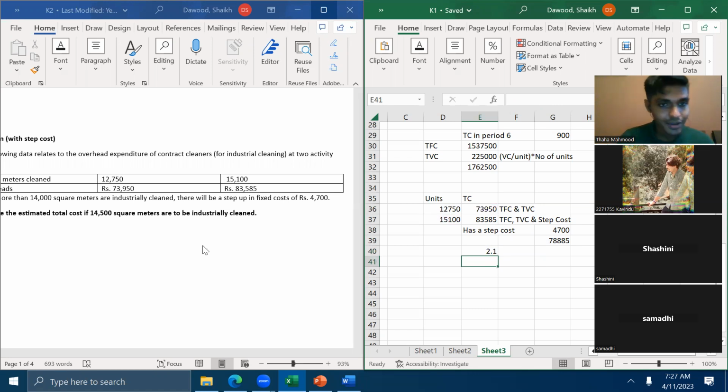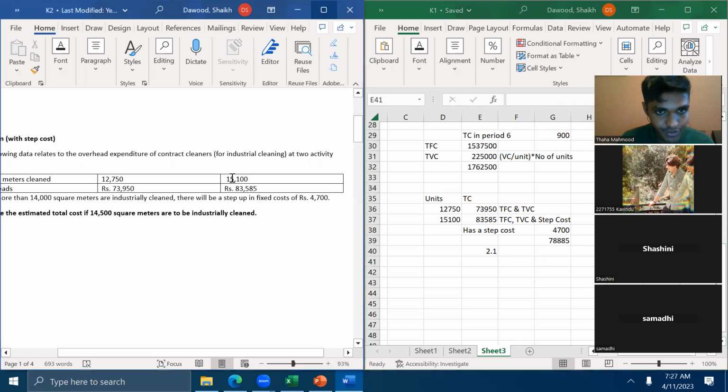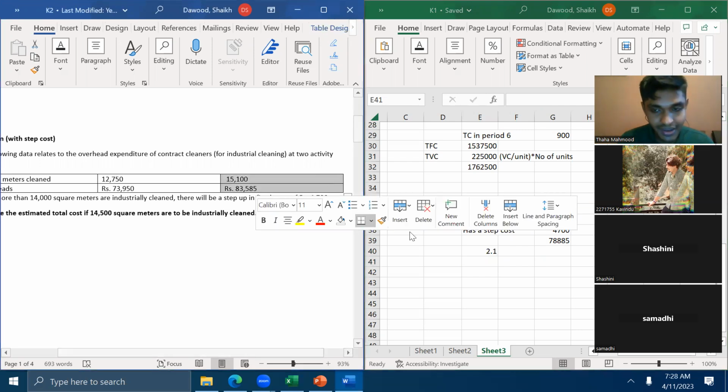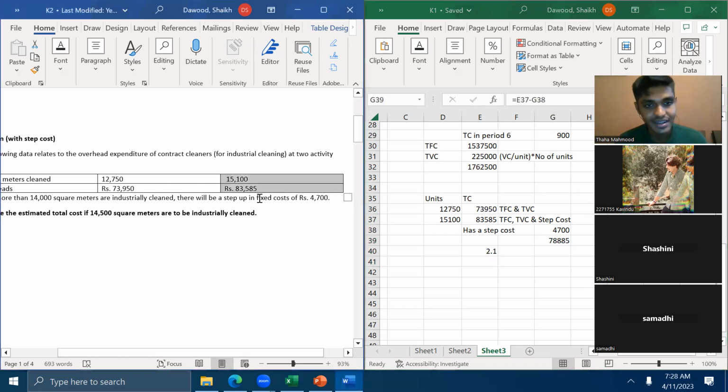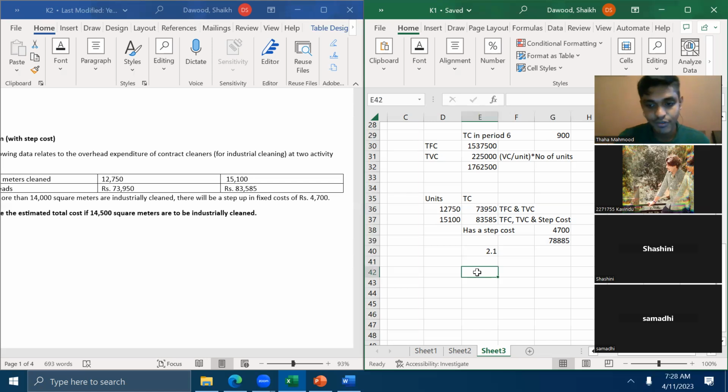Now what we have to do is take the cost at the highest activity level. From the total cost at 15,100, we removed the step cost. We can substitute here as well, but let's do it from this itself. 78,000 is the total cost, minus the total variable cost, that is 2.1 into 15,100.